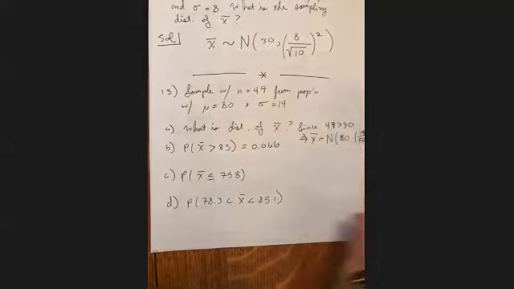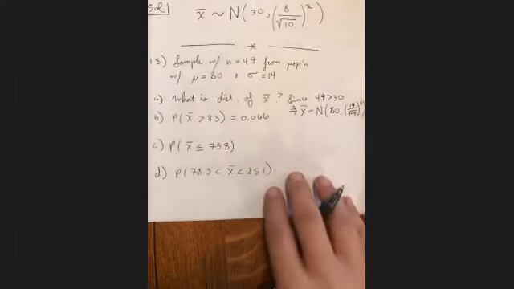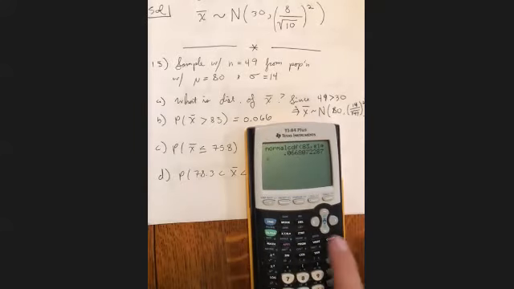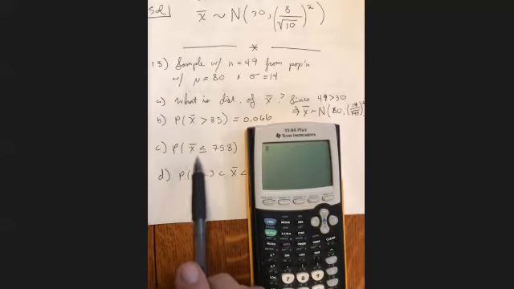So for each one of these problems, we're just going to be using the Normalcdf function to compute the probabilities. Now we want to compute the probability that X-bar is less than or equal to 75.8.